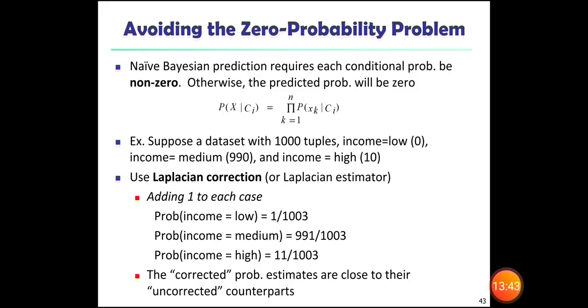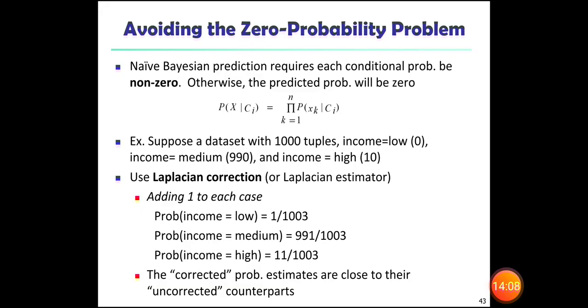By using Laplacian correction, we add one to all the categories. So 3 will be added to the tuples, making it 1003, and income low becomes 1, income medium becomes 991, and income high becomes 11.